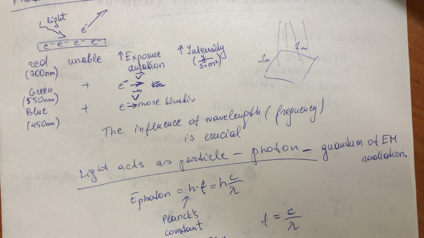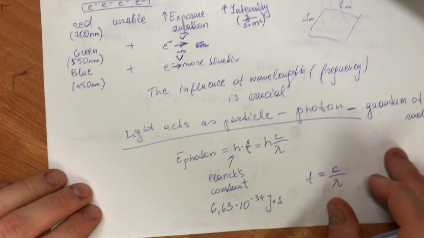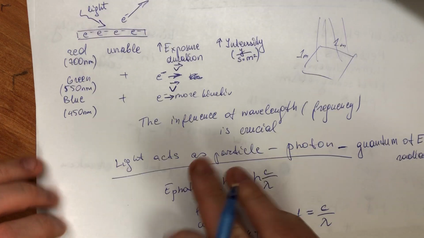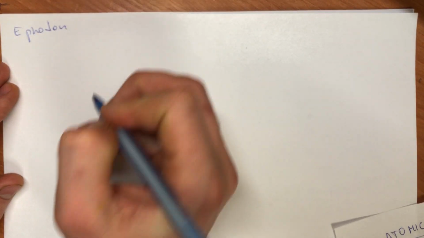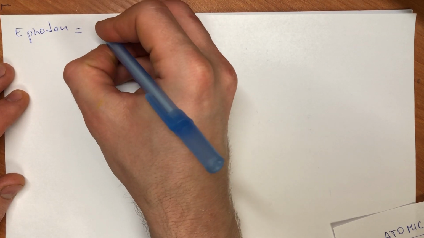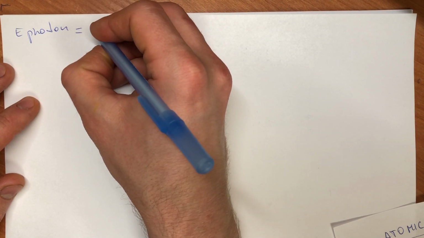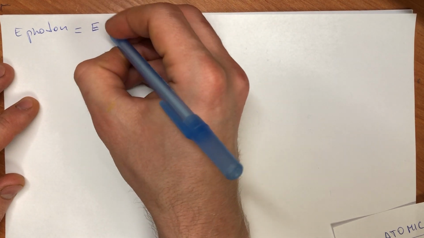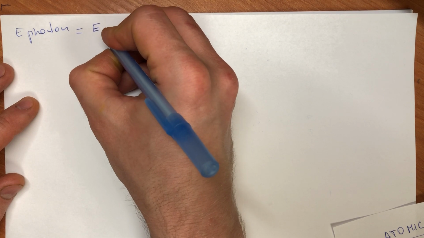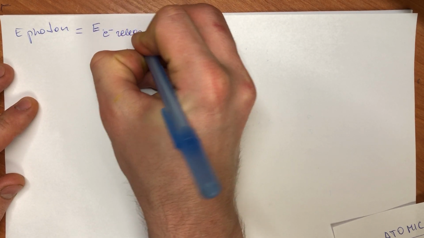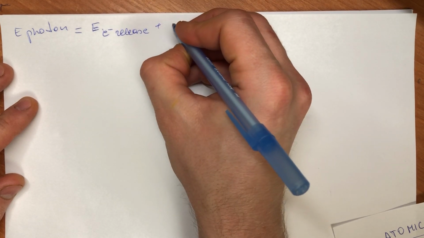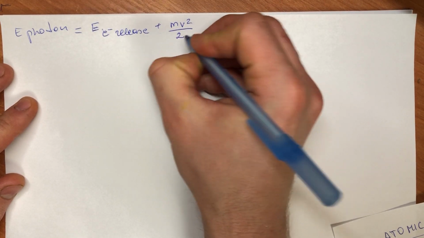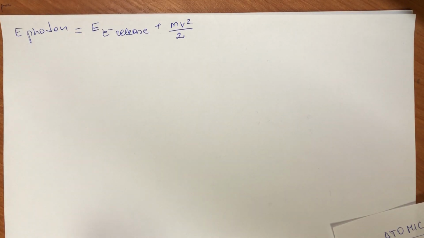So this photon's energy was used as energy to release the electron, plus to give the electron kinetic energy.